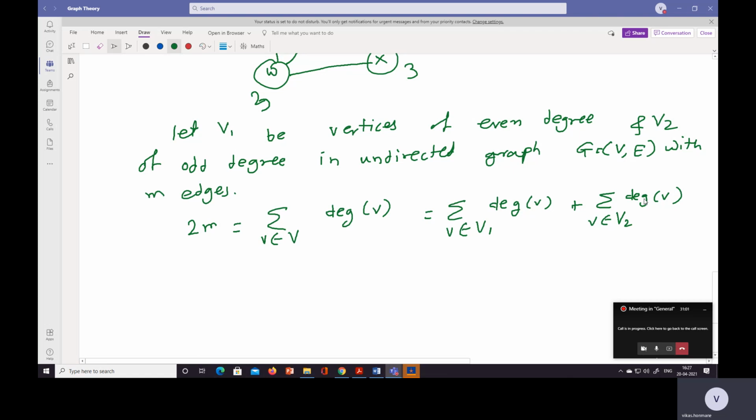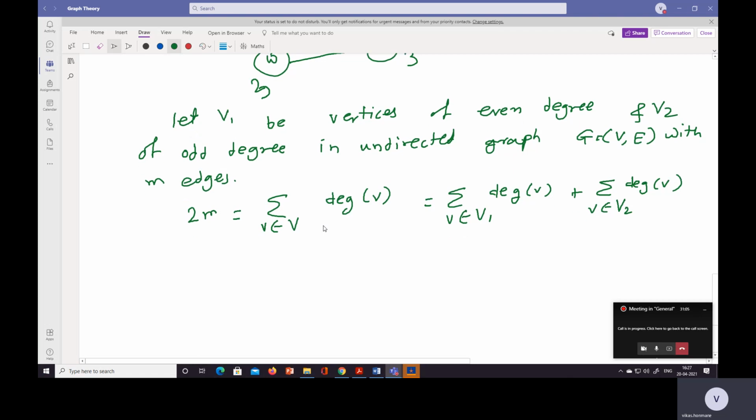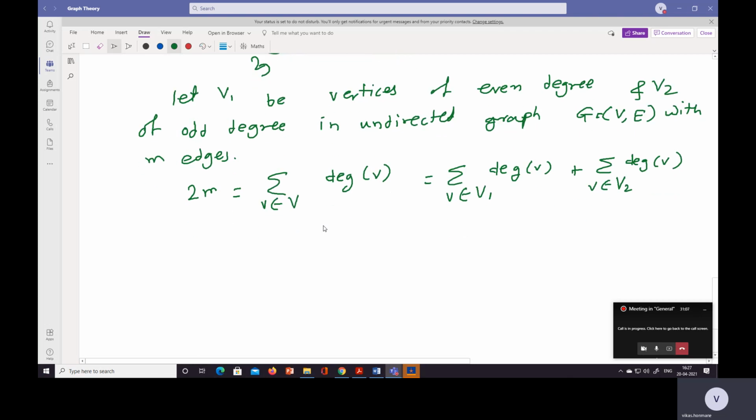Let's see over here. Suppose m is 10 or any number, we can take 11. Let's say m is equal to 11.